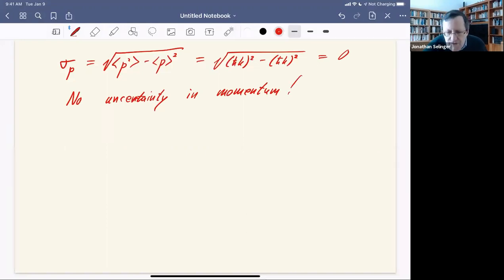Okay, this state has a specific value of the momentum, which is h bar k. Now, if you are working with momentum and you get this, it makes you wonder what's going on with position, right?